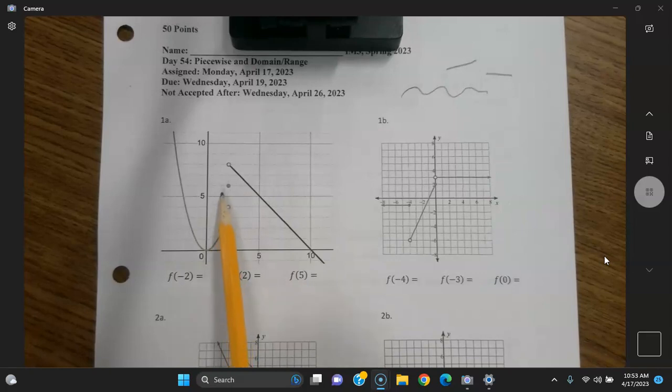At 2, this is 6 on the y-axis: 1, 2, 3, 4, 5, 6. So (2, 6). Then there's another discontinuity up to here. There's the 2 on the x-axis, but it doesn't include the 2, and from then on it comes on down here. All right, so that's how you look at those functions.